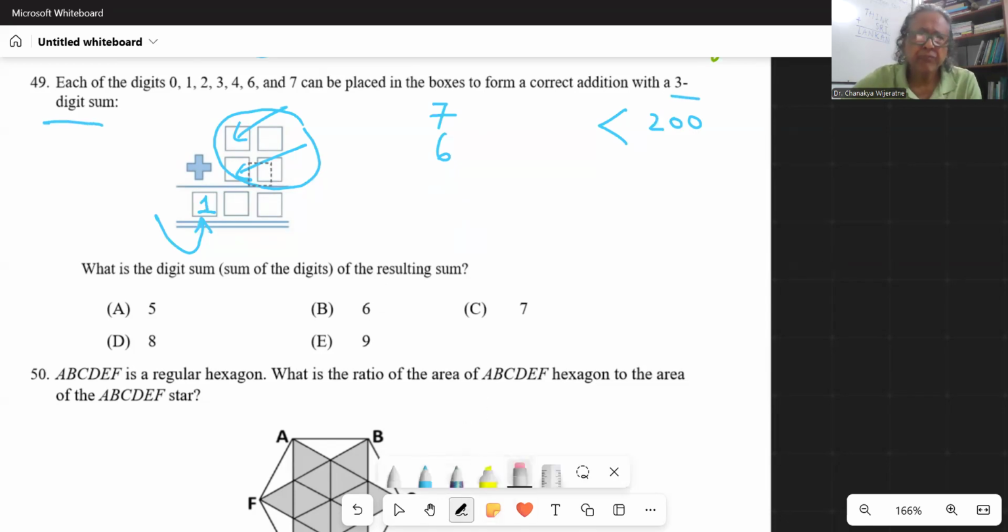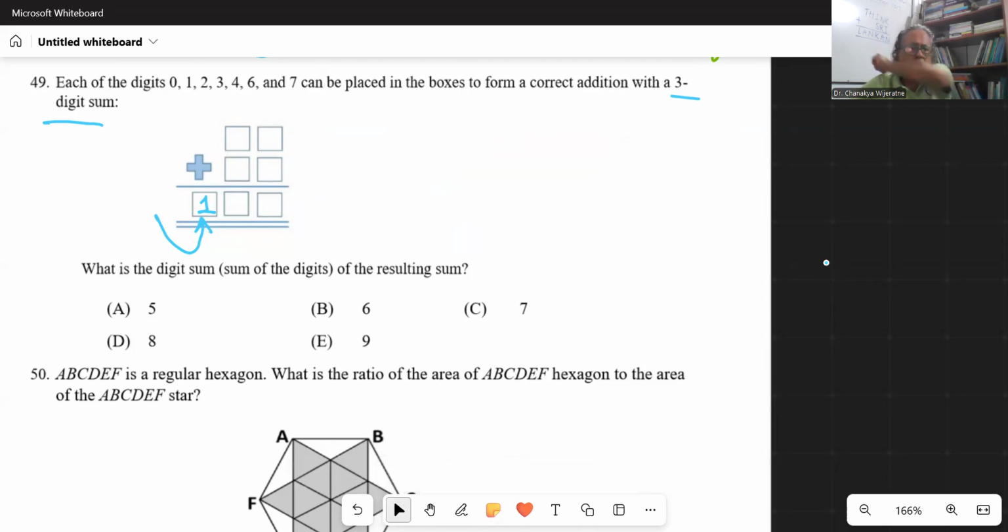Now that we found that, then I'm going to focus on the digit 0. Digit 0 can't be in any one of these two boxes, right?